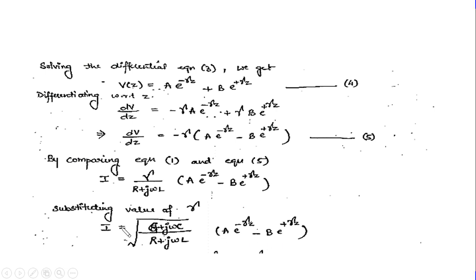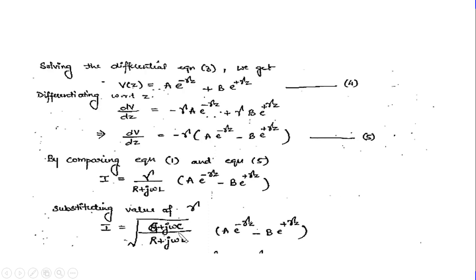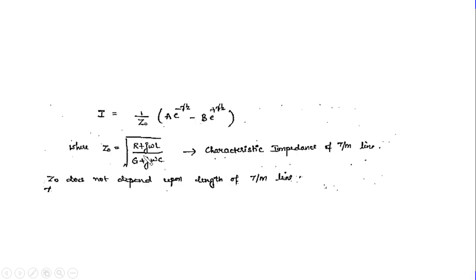So I is equal to admittance into V, that is 1 upon Z0. Therefore, we can say that Z0 from this equation will be under root of R plus j omega L upon G plus j omega C.